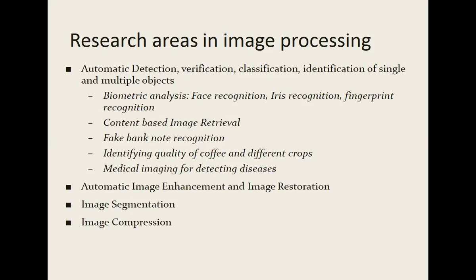Especially nowadays, agriculture is requiring image applications, not only for quality checking, but also for deciding which crop, which soil is more suitable for which crop. Why does coffee grow only in Harar or Jimma or different places?